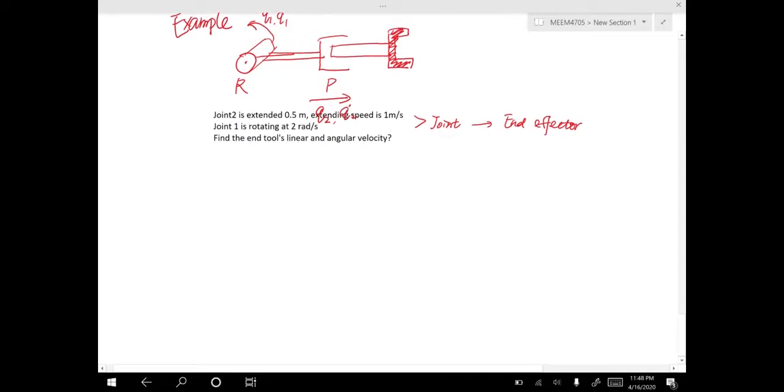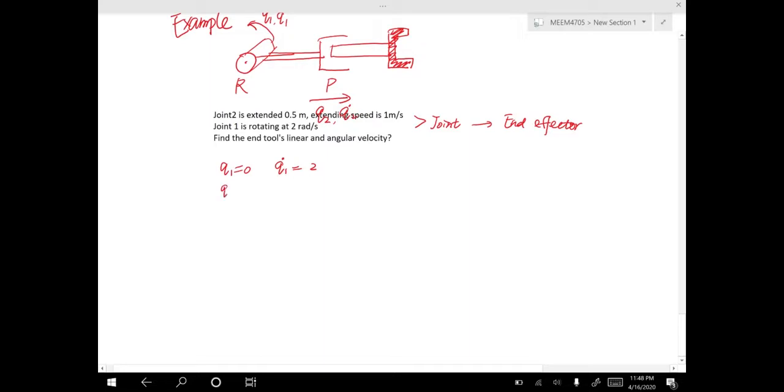So with this description, let me write down these variables. What is Q1? Q1 is 0, and we assume that it is at the original position, and Q1 dot is 2 radians per second.